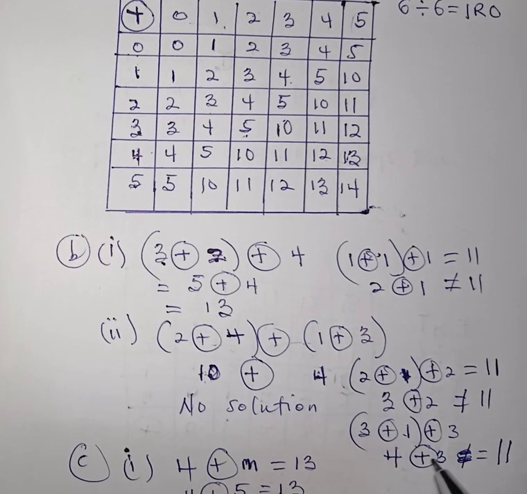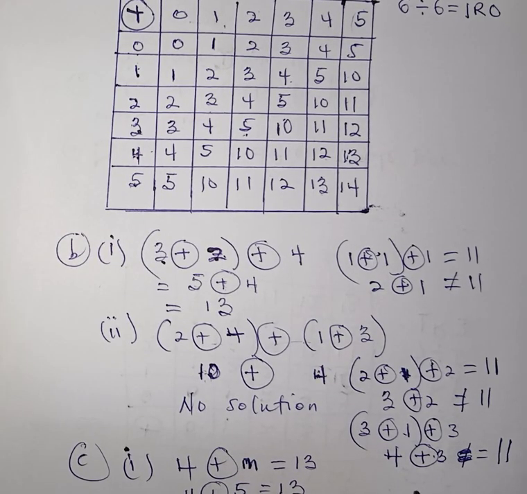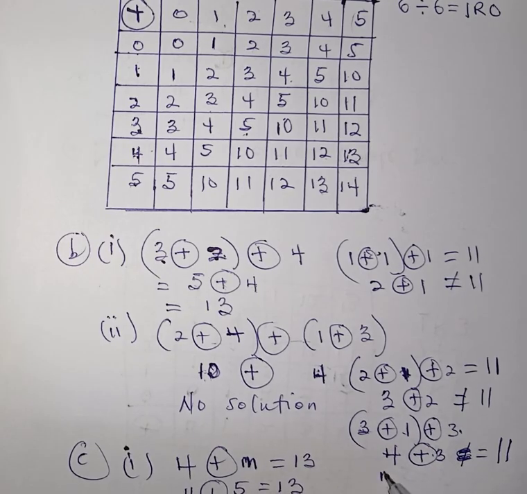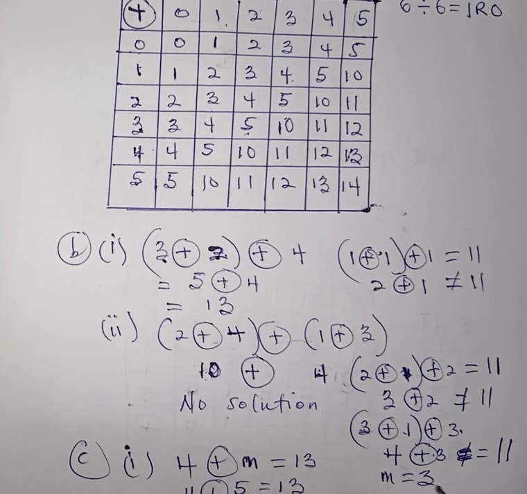So it means that this one satisfies the condition. So what value did we replace M with to give us that 11? It is 3. So here we can say that M is equal to 3.